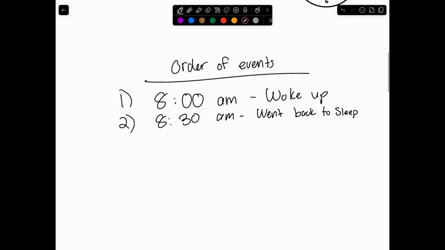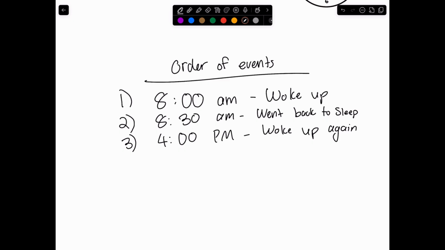Now, event number 3, let's say it happens at 4 o'clock p.m., I woke up again. That's event number 3. What we have here is a sequence of events with specific times of the day. Now that's how we use time in normal everyday life.